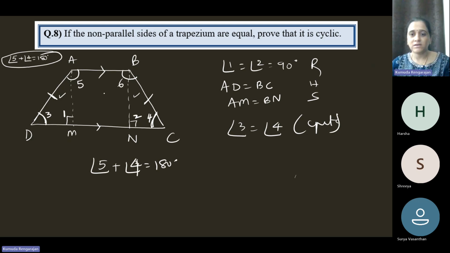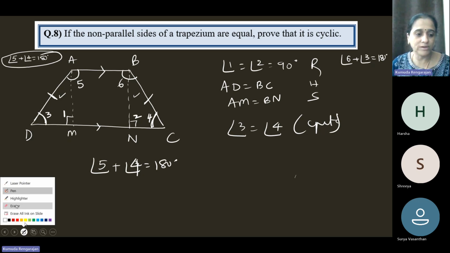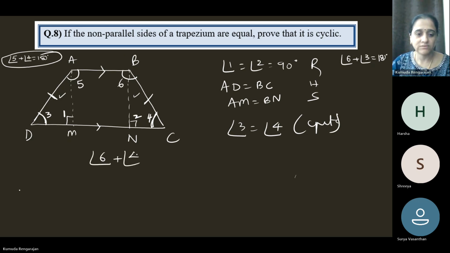Cyclic quadrilateral. If you want to prove that angle 6 plus angle 3 is 180, you know 6 plus 4 is 180 for the same reason: allied angles are supplementary. 6 plus 4 is equal to 180.